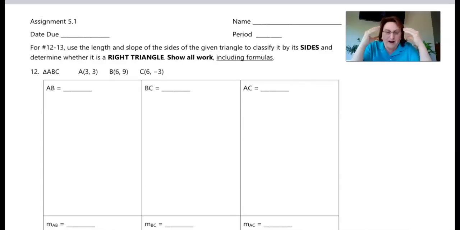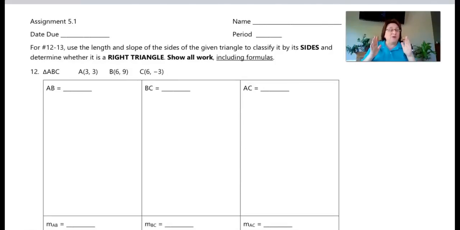Okay, I want you guys to think back for just a second. If I have a right triangle, what must be true? That's right. If I have a right triangle, then I'm going to have a right angle. And if I have a right angle, that means that the slopes of two of my sides must be what?